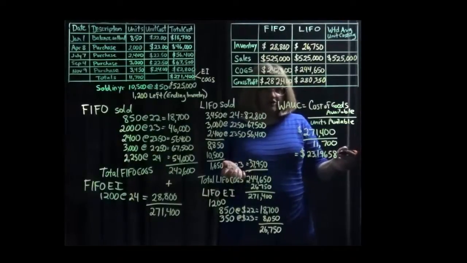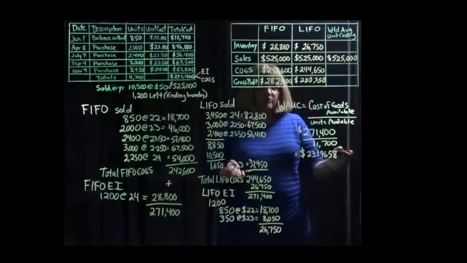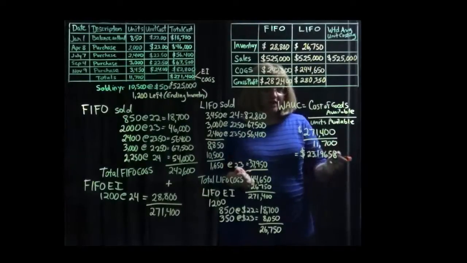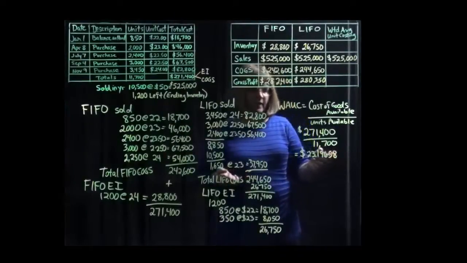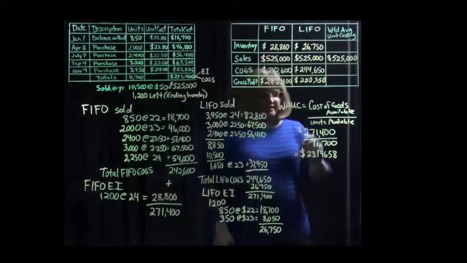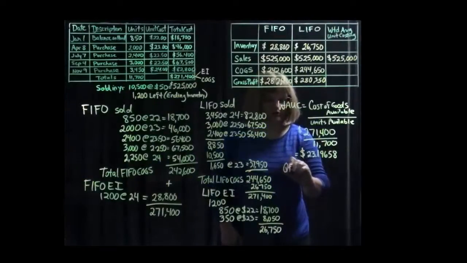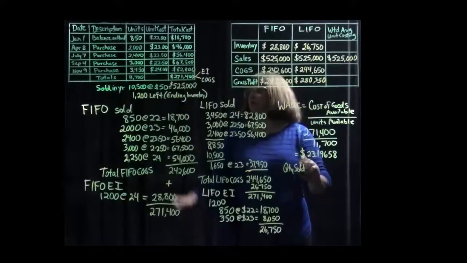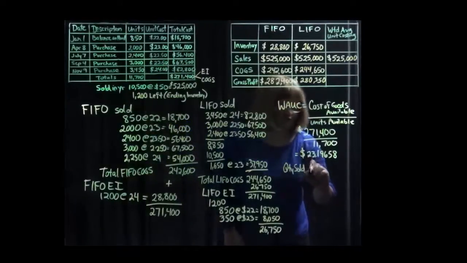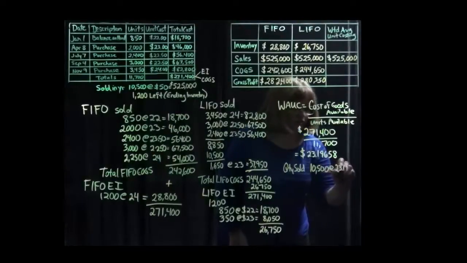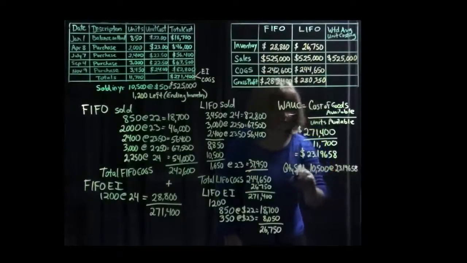We're going to keep a lot of decimal places because the more decimal places that we keep here, the more accurate our dollars will end up being. We're not going to round to the nearest dollar until we get to the actual ending inventory calculation and the cost of goods sold calculation. What we're going to do next is take the quantity sold, which was the 10,500, and multiply that times that 23.19658.